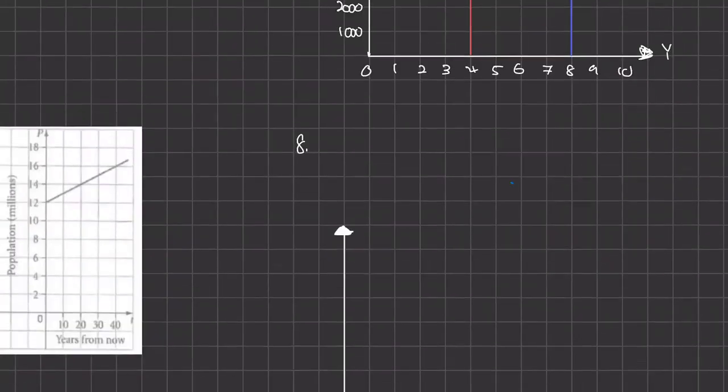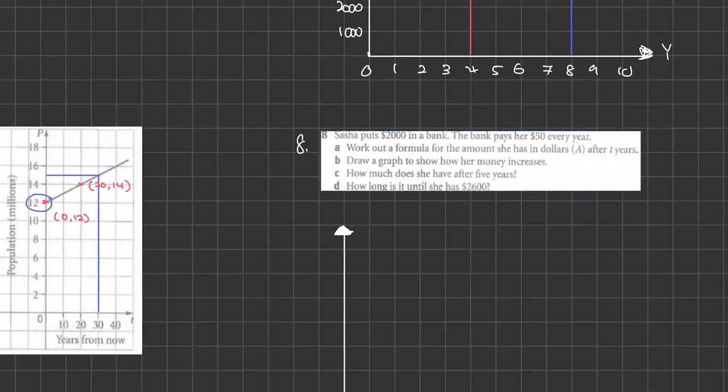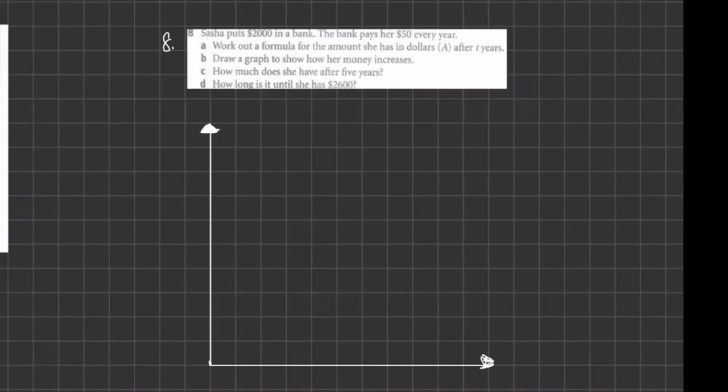Just place it right here. Formula for the amount she has after T years. So I'm just going to write down the formula. A is equal to 2,000 plus $50 every year. So if they say the year is T, then just put T. If the year is Y, then just put Y. It's up to the question, really.